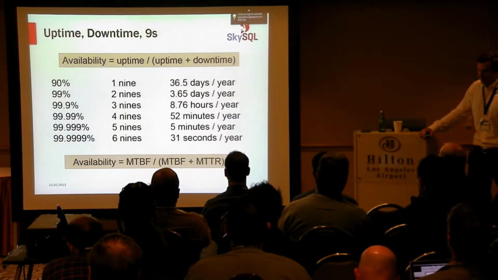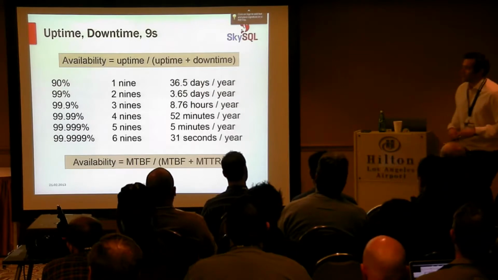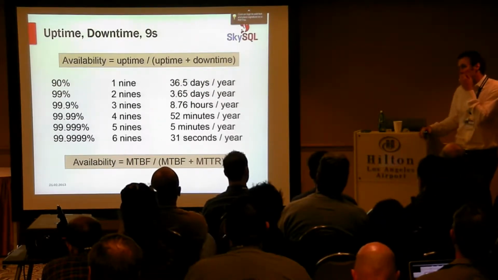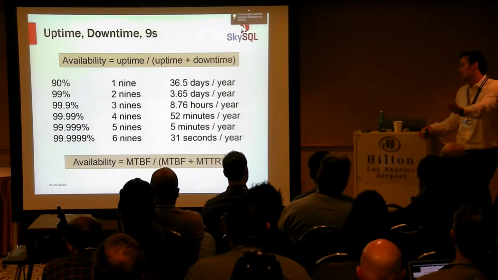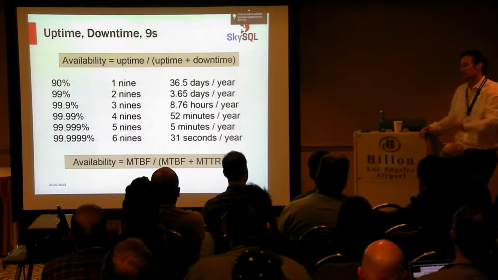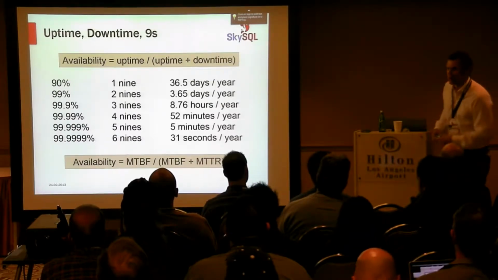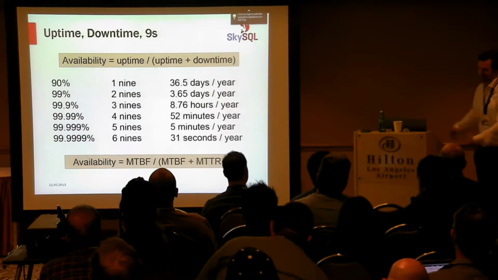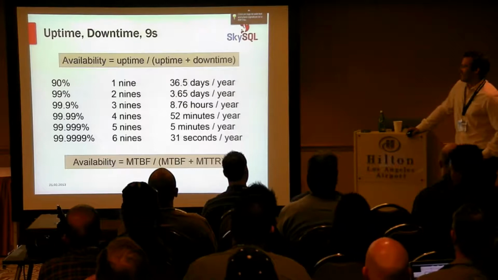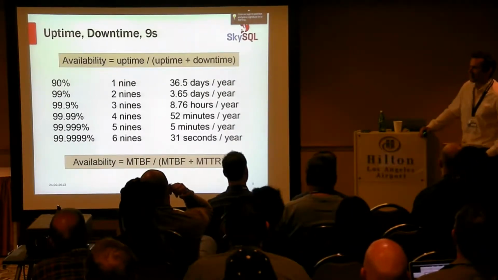The good thing for marketing departments is that there's no scientific method of proving that a system is a specific level of nines. So you will often see people marketing stuff as 5 nines, 6 nines, and when you ask them how they got to this number, they'll be extremely vague because there's no actual science behind it. It's just, well, we decided that this was available, so we said 5 nines. And normally it's the marketing team that decides, not the engineering team either.